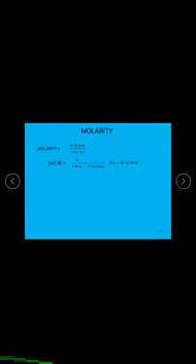Molarity is equal to W by GMW into 1 by V in liters, or M is equal to W by GMW into 1000 by V in milliliters if the volume is in milliliters.